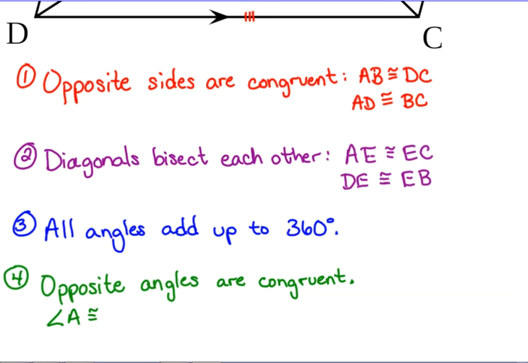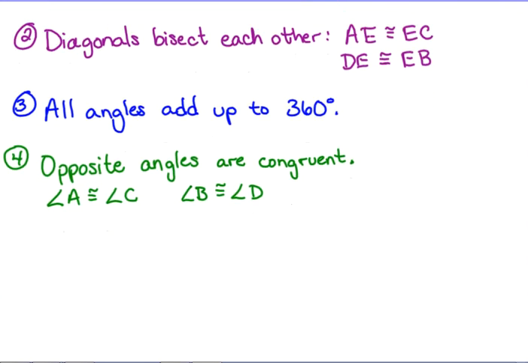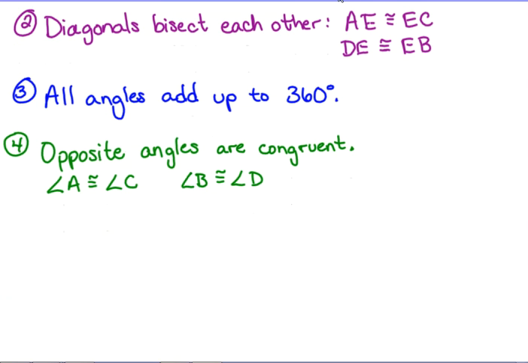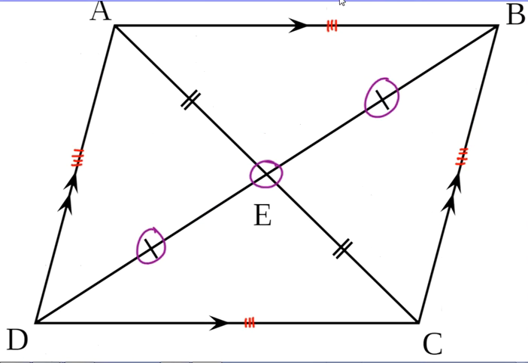So angle A is congruent to angle C, and angle B is congruent to angle D. We could mark that on our picture. We can mark it A congruent to C, B congruent to D.